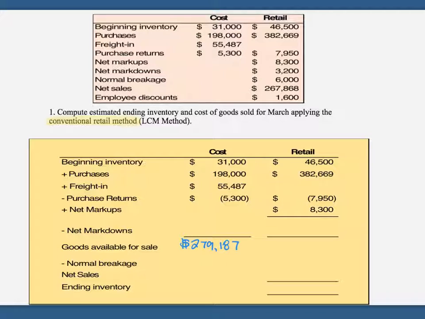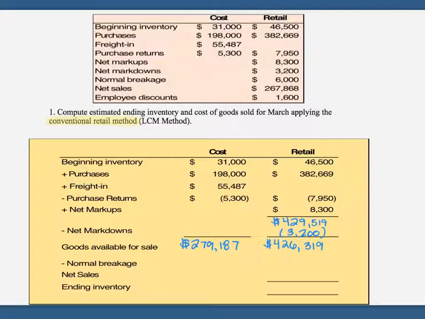Under retail, let's calculate what our goods available for sale is before net markdowns, and that's going to be $429,519. Now let's subtract out our net markdowns, 3,200 given to us in the table above. That gives us our goods available for sale, which is going to be 426,319.